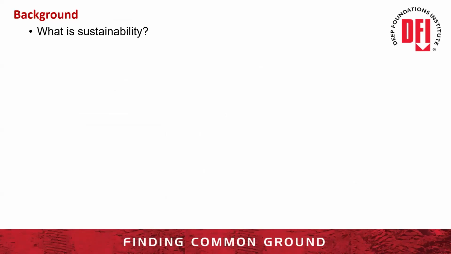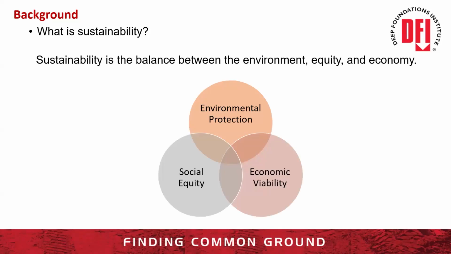But before we get started, let's give a little bit of background. First of all, what is sustainability? And really, the easiest definition is that it's a balance between the environmental aspects, the social aspects, and the economic aspects. And where those three intersect, that is where sustainability has its home. Which is important, by the way, because quite often people are saying, well, if it's sustainable, then it cannot be economic.